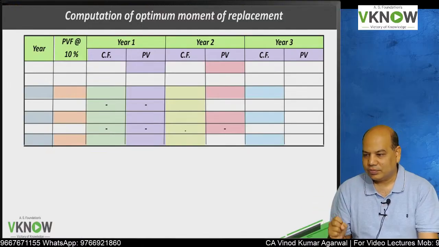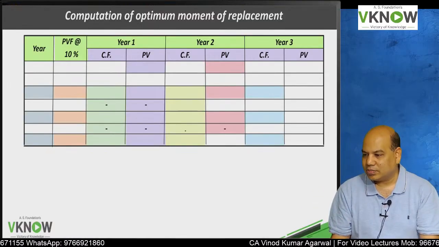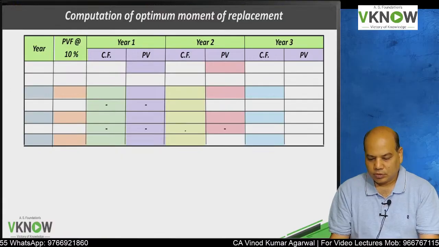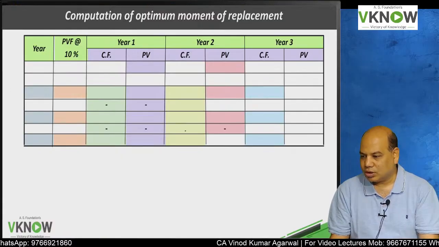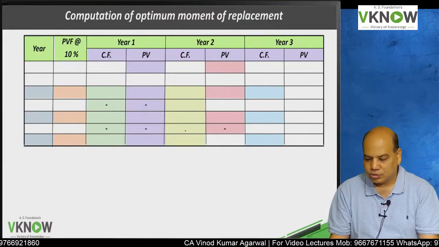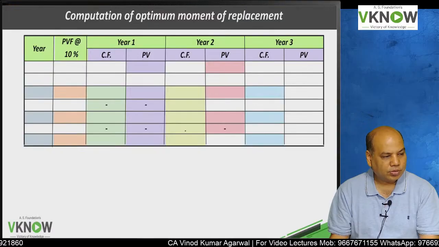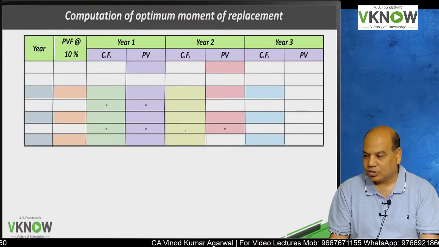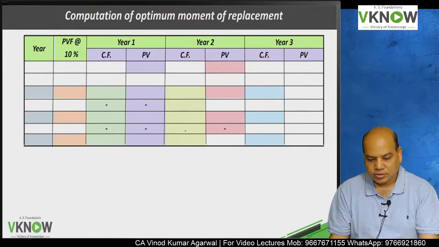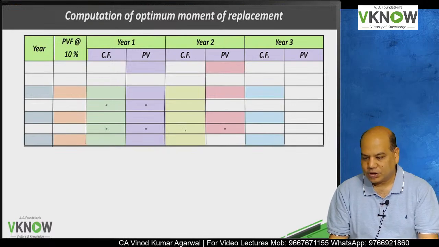Right, year, present value factor at 10%, then write year 1 2 columns, cash flow present value, year 2 2 columns, cash flow present value, year 3 2 columns, cash flow present value.